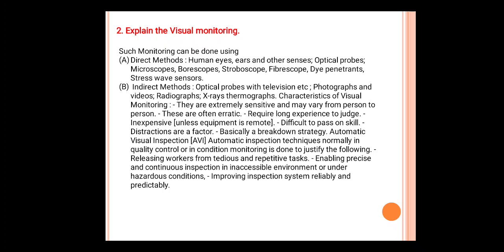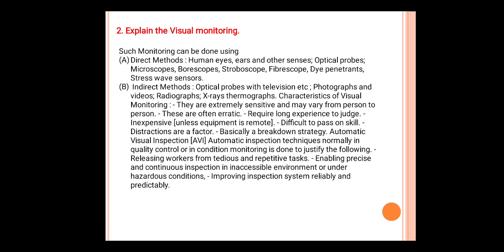Second, the indirect method. In this method, optical probes with television, photographs and videos, radiographs, x-rays, thermographs. Characteristics of visual monitoring: it is extremely sensitive and may vary from person to person. It is often erratic, because of repeated use, and many problems arise during the working time.